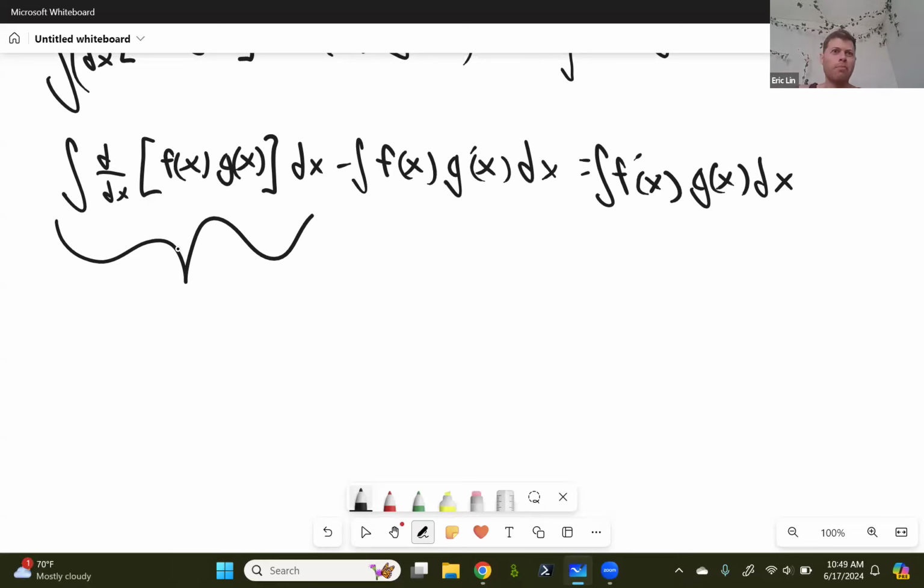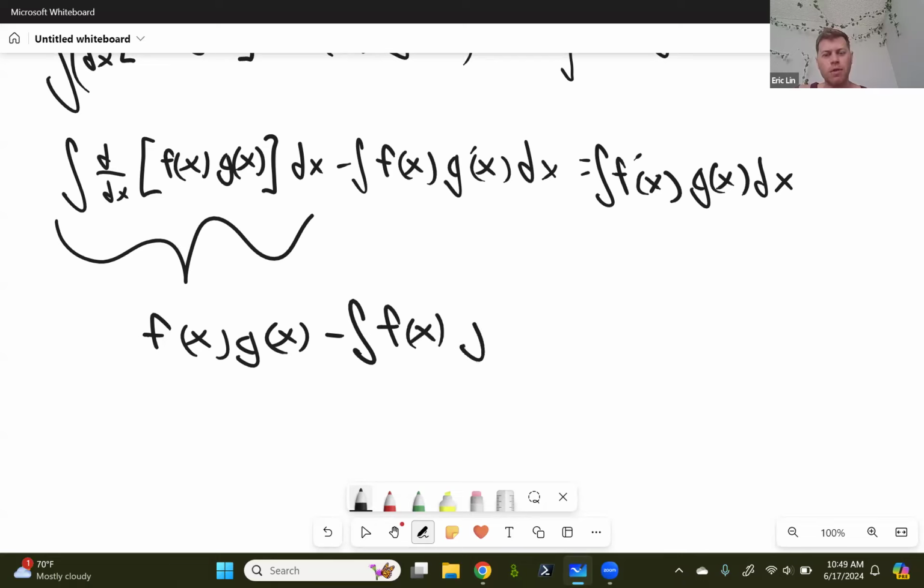Someone with a PhD in math might be a little upset that we just say, well, this is the same thing as f of x times g of x. That is essentially what it is, but there are maybe some caveats that need to be said for a formal derivation, which we're just going to ignore.